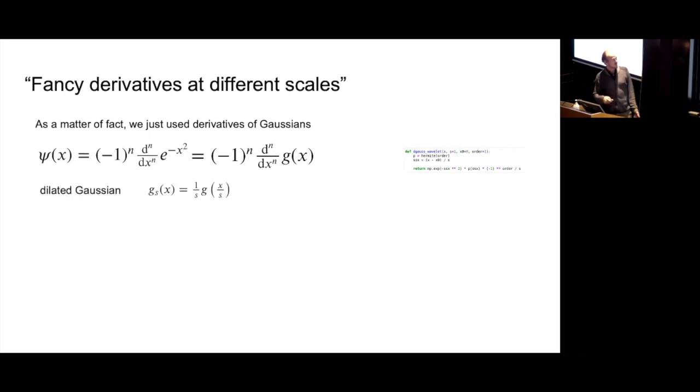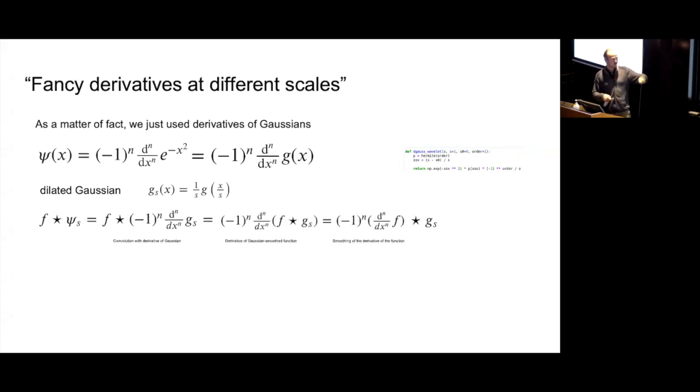I can dilate that Gaussian, and then I can apply it to my function by convolving it. So f cross-correlated with psi s is f cross-correlated with this derivative of a Gaussian, but I can play around with this type of convolution architecture.